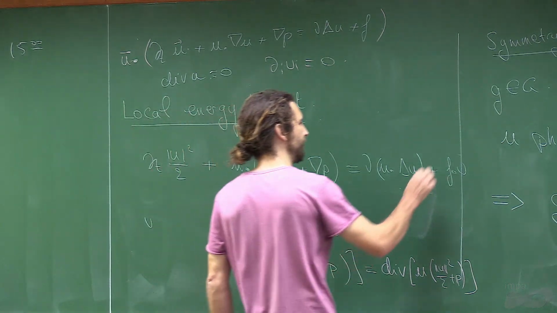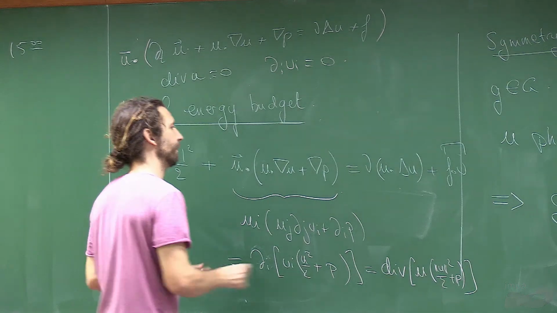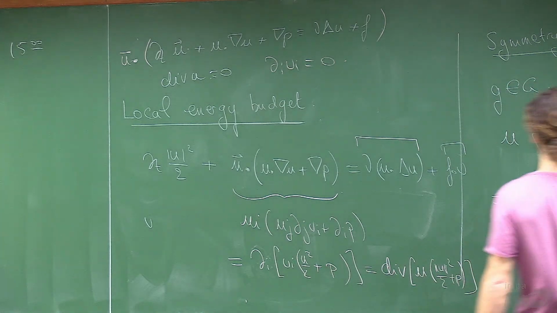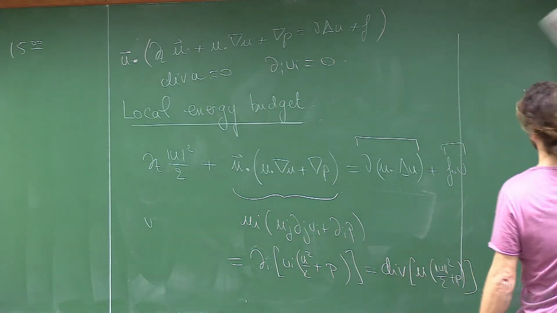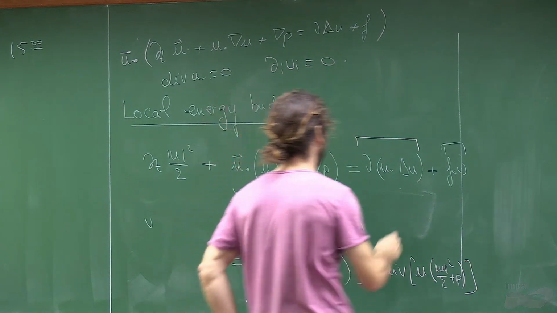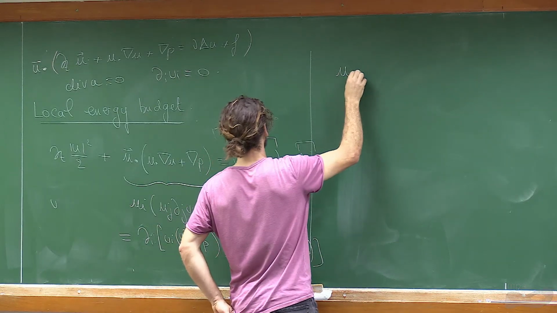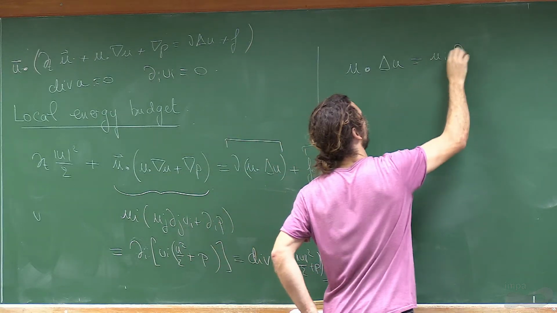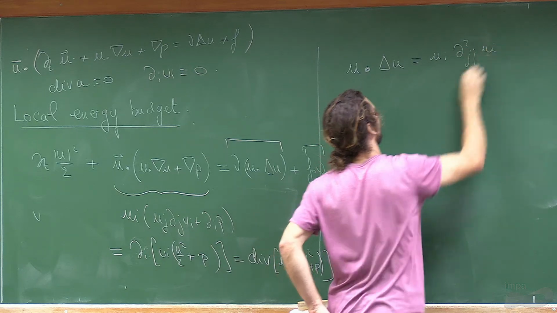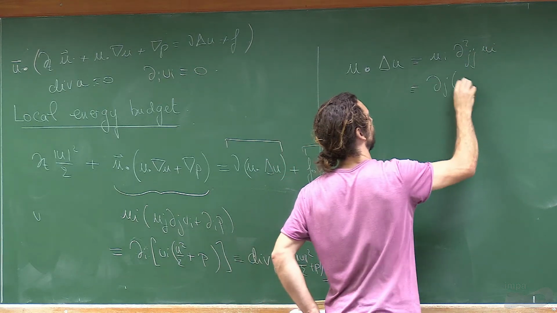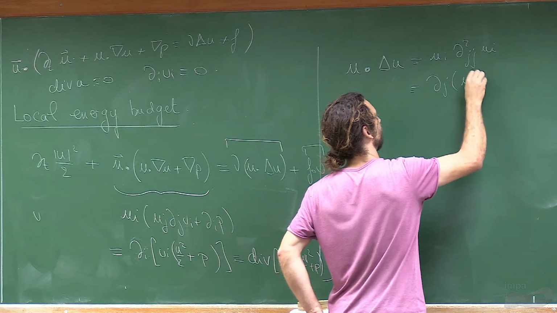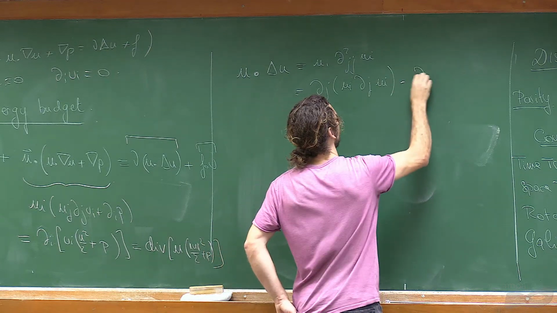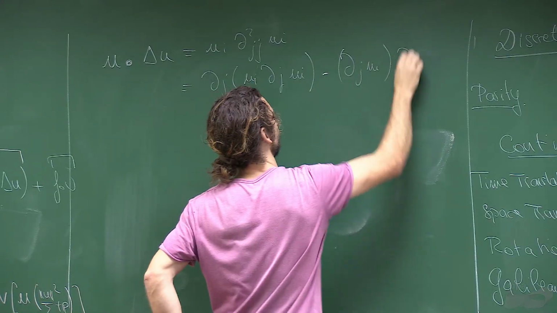Then this part we'll leave. This other term we want to massage a little bit. Essentially u dot Laplacian of u is ui dj dj of ui, which is dj of ui dj of ui minus dj of ui dj of ui.